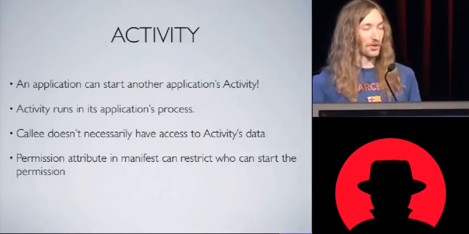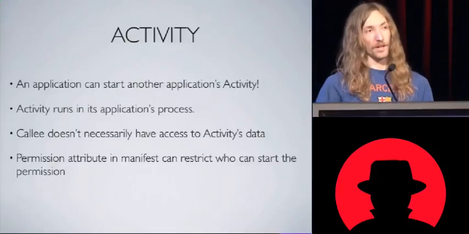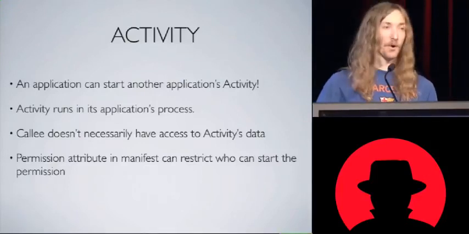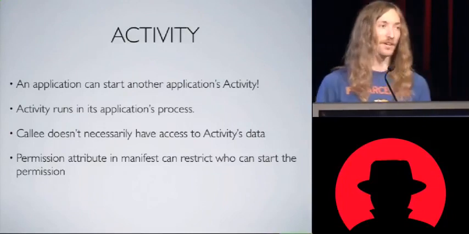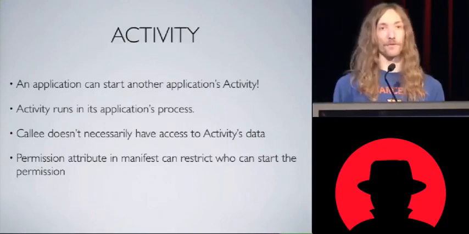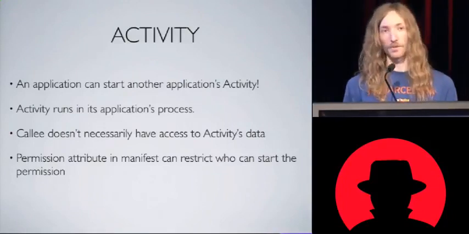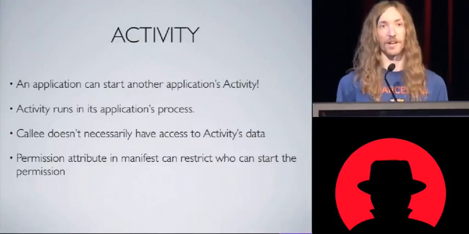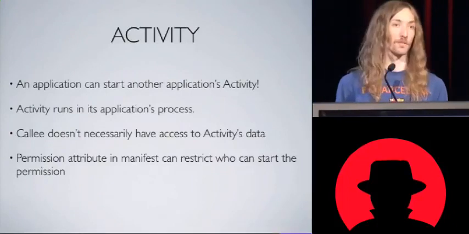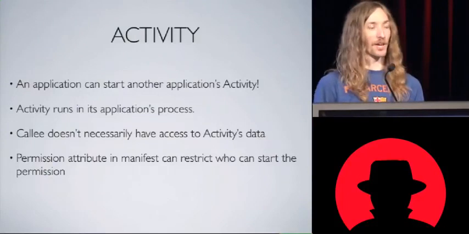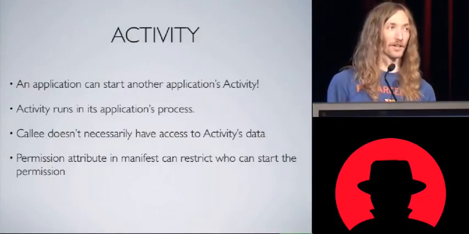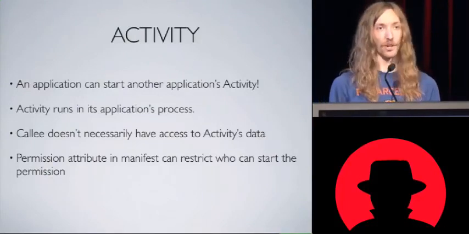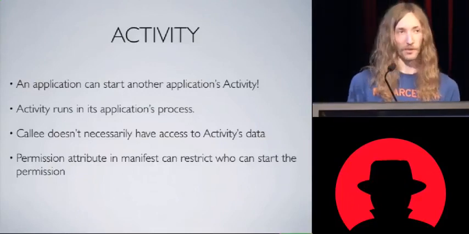Activities can be started by other applications. So an application itself can start a remote activity in another application. A scenario where someone might realistically do this: a lot of applications will request a location permission. If they want access to fine-grained location data as far as latitude and longitude, they have to have their GPS enabled.